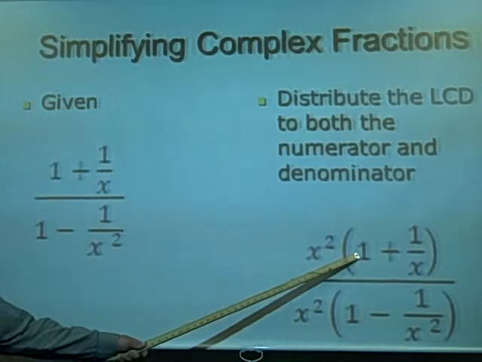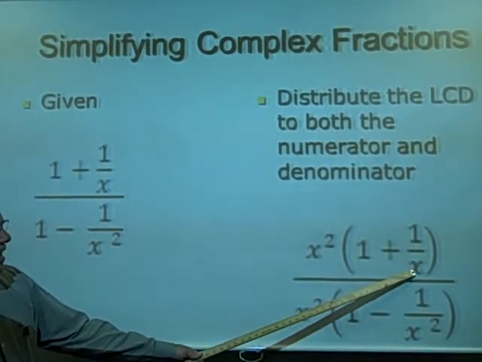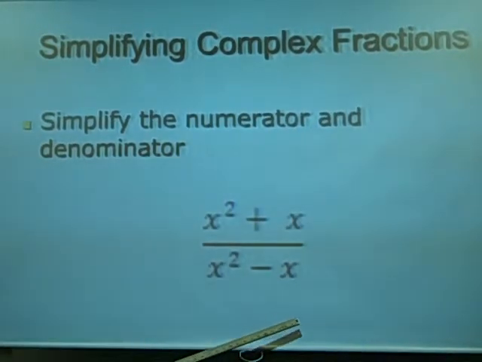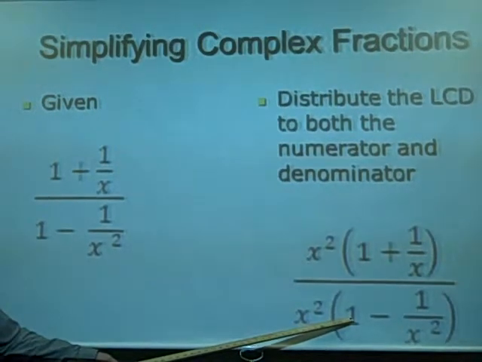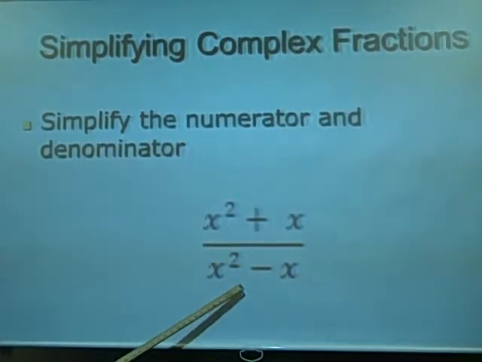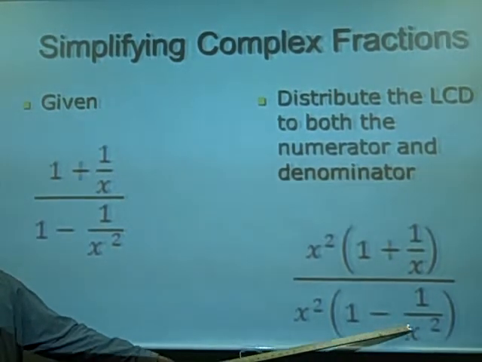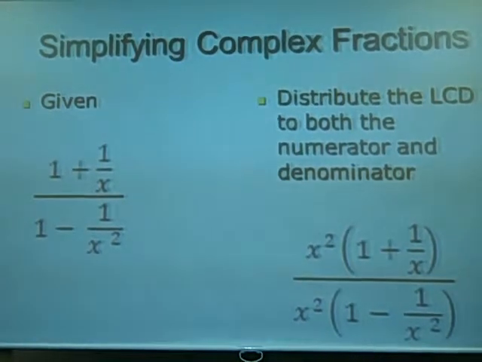here the x squared multiplies times 1, that's x squared. The x and the x squared cancel, and you're just left with the 1x here. Here the x squared multiplies times 1, that's this x squared here. And then x squared cancels an x squared, and what's left? Just the 1.